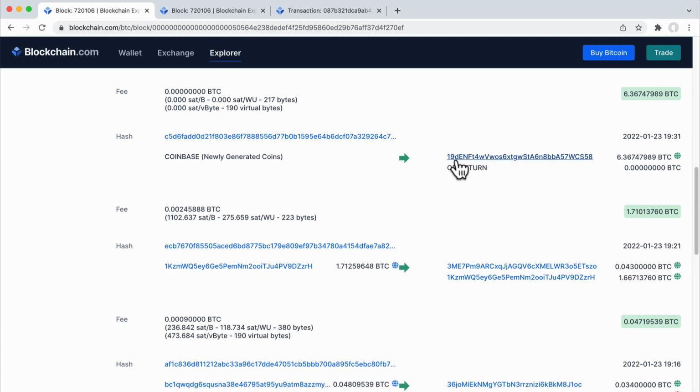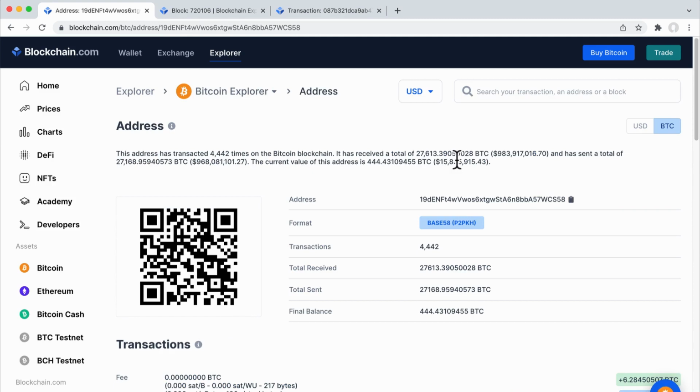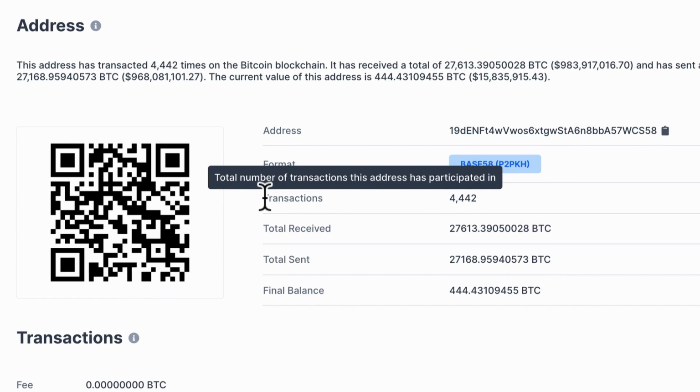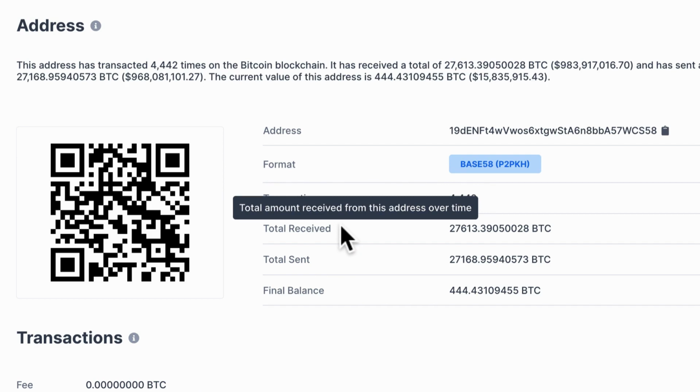We can click on this address to see what information we get, but all we learn about this address is what's already on the blockchain, which means we can see any and all transactions that were sent involving this address, and we can see the amount of Bitcoins that were both received and sent.